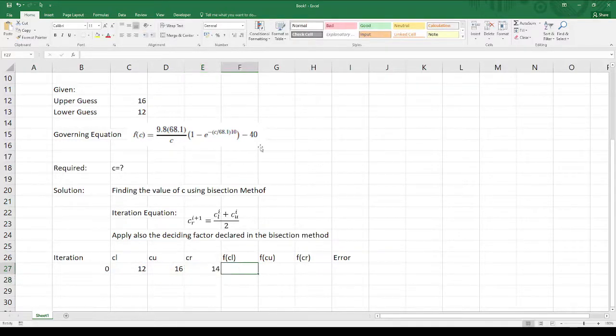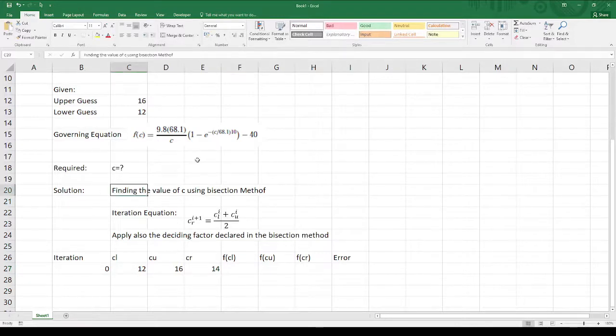Now you need to evaluate these three values in the governing equation, which is that one. So that is 9.8. If you're not familiar with how you write an equation in Excel, then study how you will write equations properly in Excel.